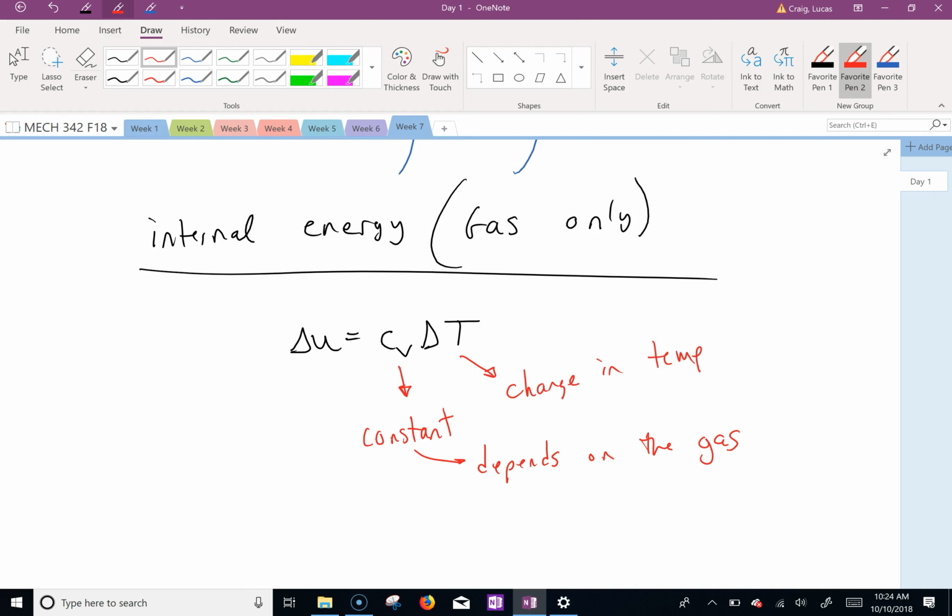All right, and as long as you know your temperature change, you can then find your change in internal energy. Where do we use that equation? Well, we end up using that in the first law if you're dealing with a gas. You can plug that right in and do a whole bunch of calculations that you couldn't do before. Again, just think about it. They did experiments. They found this was a linear relationship between internal energy change and temperature.